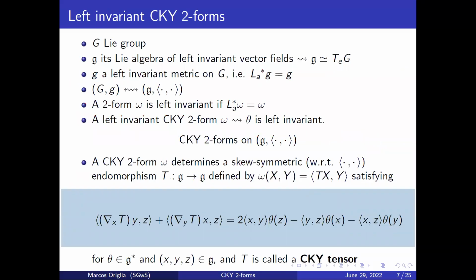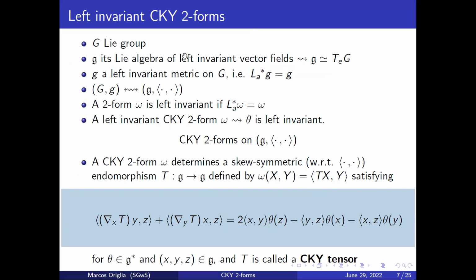Okay, that was general stuff of conformal Killing and Killing p-forms on a manifold. Now we will focus on the invariant case on Lie groups, which is the main source of examples. The known examples mainly happen in Lie groups and with left invariant structure. So G will denote the Lie group.